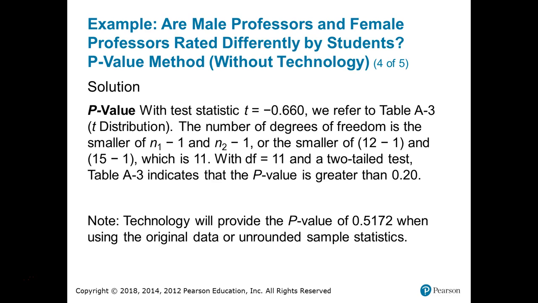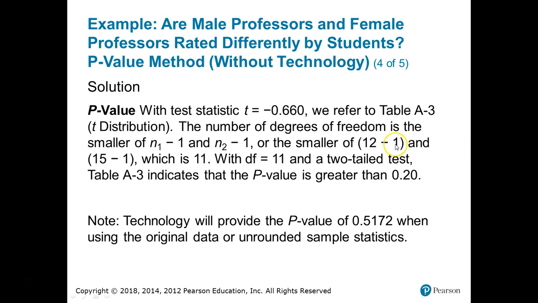So once we have our test statistic of negative 0.660, we look at table A3. We have to look at whatever is smaller. Since there are fewer female data points, that will be the more conservative estimate. So we'll do 12 minus 1. There were 12 female data points, 15 male.